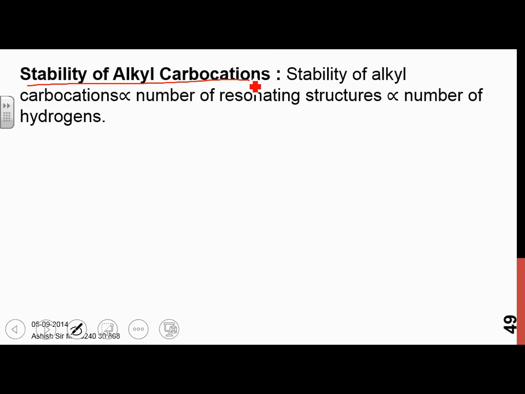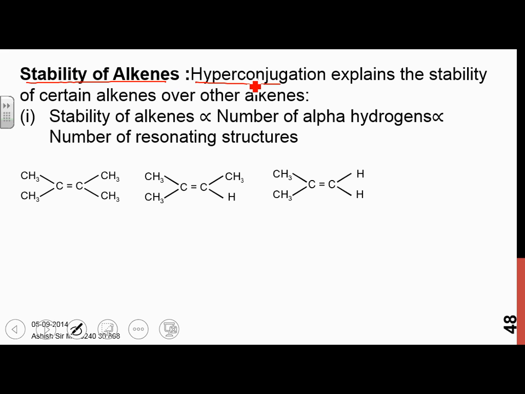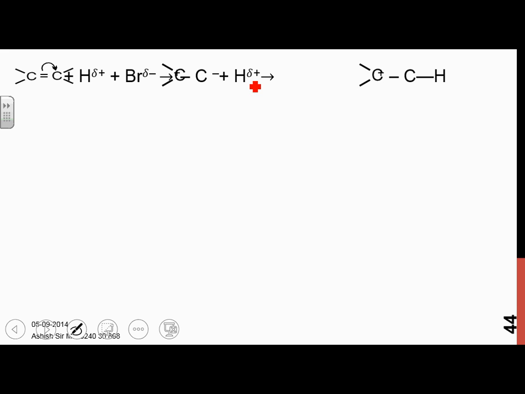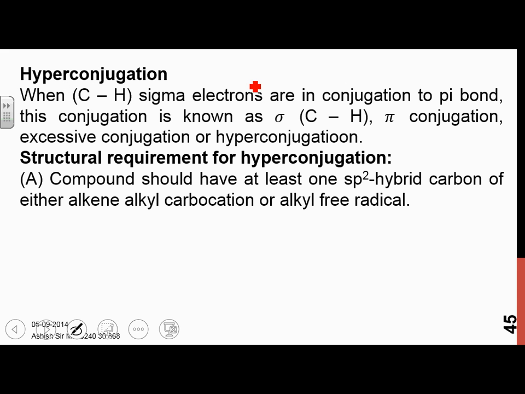But before I explain what is stability of alkyl carbocations on the basis of hyperconjugation, let me take you back to the definition of hyperconjugation. We have done this definition. Structural requirement of hyperconjugation: we should have at least one sp2 hybrid carbon, either alkene, or an alkyl carbocation.